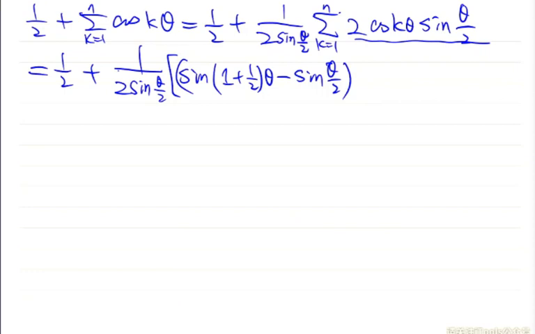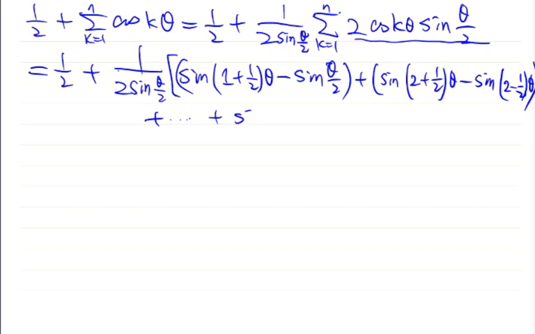For k equals 2, that is sine(2 plus half)theta minus sine(2 minus half)theta. Then plus the last term, sine(n plus a half)theta minus sine(n minus a half)theta.